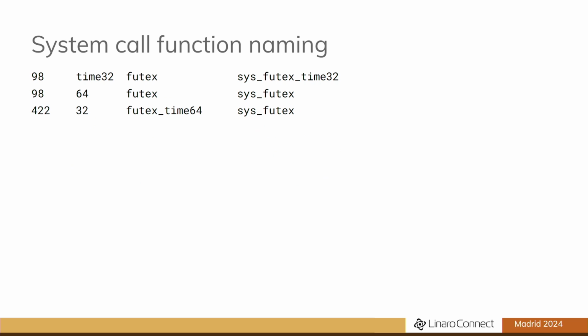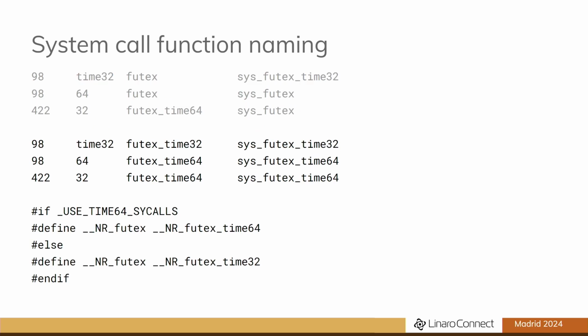And for the new system calls that were added, we changed the macro, but we used the old entry point. And the way that I want to rename this all is to have consistent naming. So there's then a futex time32 macro and a futex time64 macro. And all architectures would implement those. And then we rename the functions accordingly. And that just makes so much more sense.